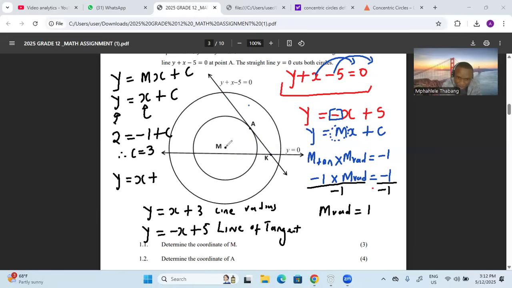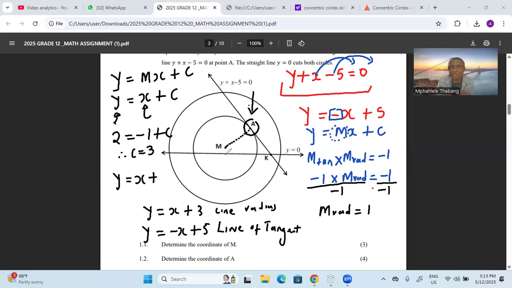Let me show you the line of radius. Yes, they are meeting at this point. So A is a point of intersection. So I'm going to take the equation of a line of tangent and the equation of a line of radius and solve them simultaneously, or one can say equate the two functions, because we are looking for the point of intersection.